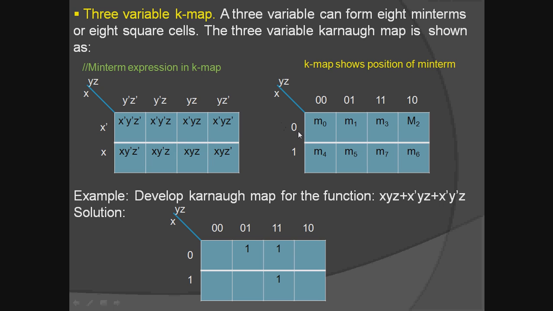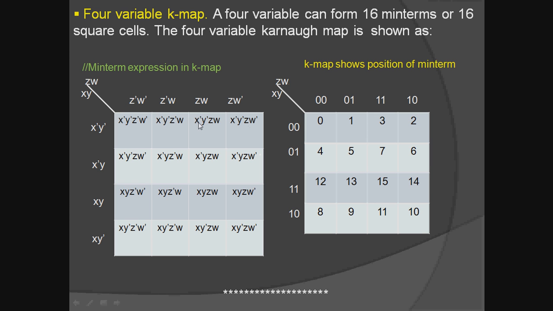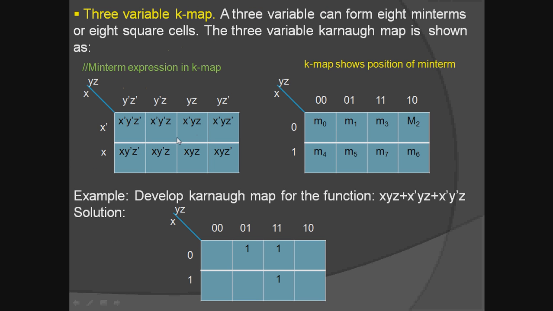So in terms of decimal, 0 0 0 or 0 lies here, m0, and 0 0 1 here is m1, so m0, m1, m2, m3, m4, m5, m6 and m7. So you have to remember the position where this min term notation lies, right? And then also you have to remember the position where this expression, min term expression or SOP expression, lies, right?